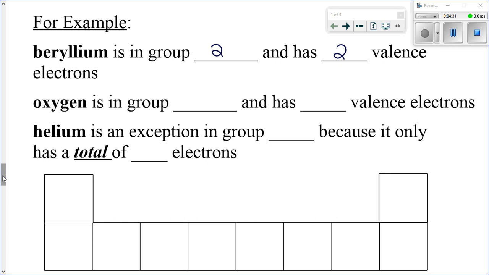Oxygen is in group 16. We only look at the last digit when we are finding our valence electrons. Therefore, oxygen has 6 valence electrons. Helium is an exception in group 18 because it only has a total of 2 electrons.